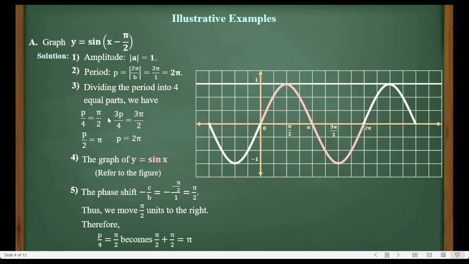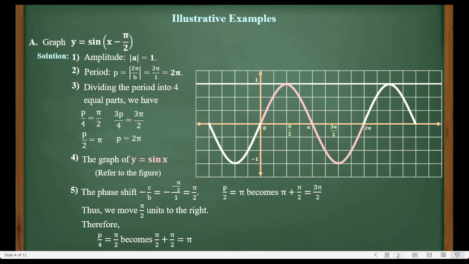Now, taking those 4 parts of the period from number 3, each of the values is adjusted by pi over 2. So, to each value, we add pi over 2, which is the value of the phase shift.